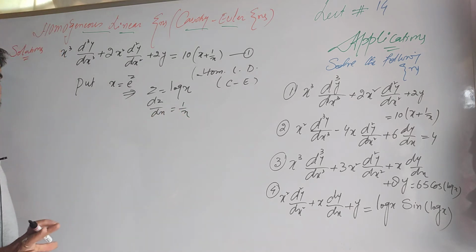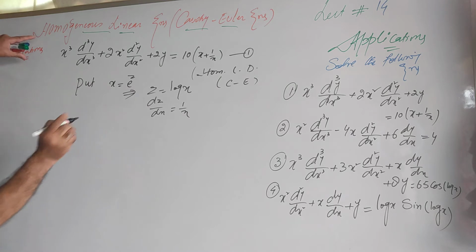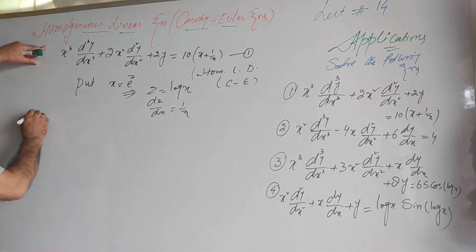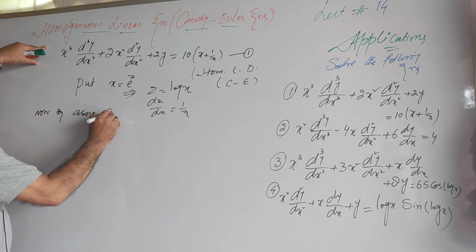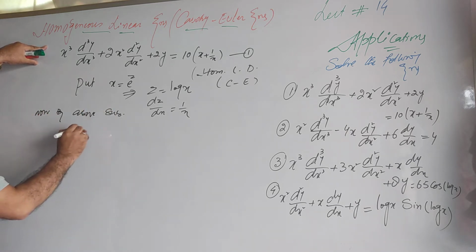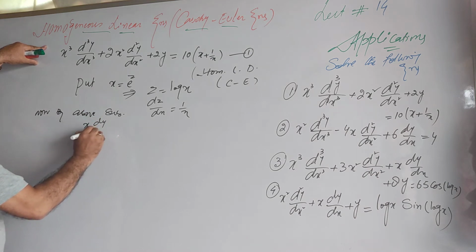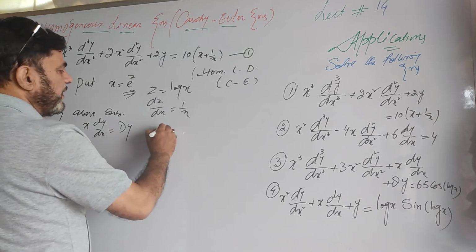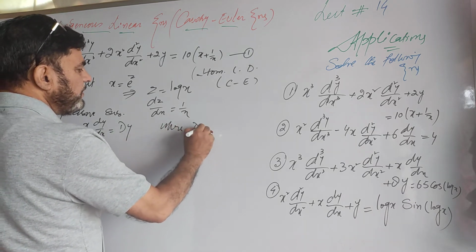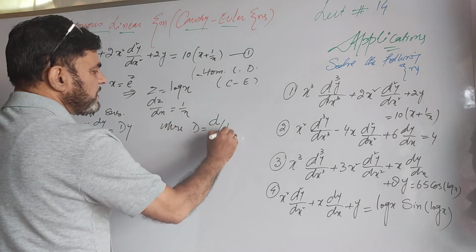Then you can write directly, because you have the solutions of this. By this suitable substitution, we have x dy by dx is simply Dy, where D will be d by dz.